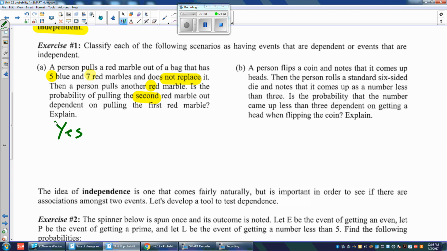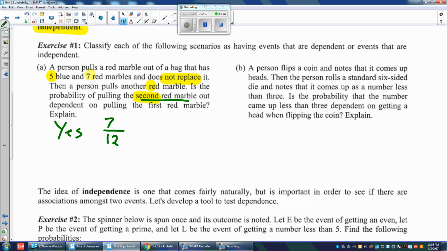Yes. Okay. There are 12 marbles in the bag to start off with, 5 plus 7. 7 of them are red. That's the odds of getting the first red marble. Now, if they were independent, then the odds of getting the second red marble out would also be 7 out of 12.